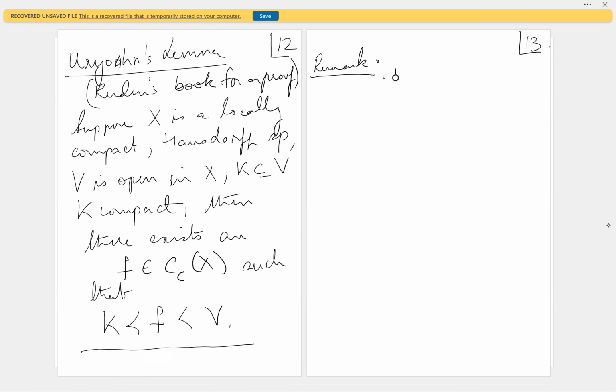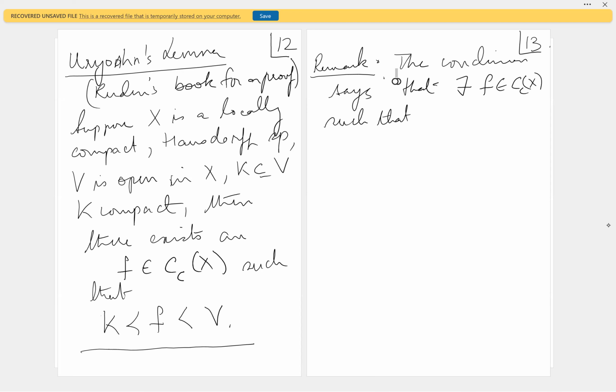Instead of writing this in the new notation, this is simply saying in terms of characteristic functions, I can write there exists an f belonging to this space C_c(X) of compactly supported continuous functions on X such that the characteristic function of K is less than f is less than the characteristic function of V. Okay, so here is a homework for you.